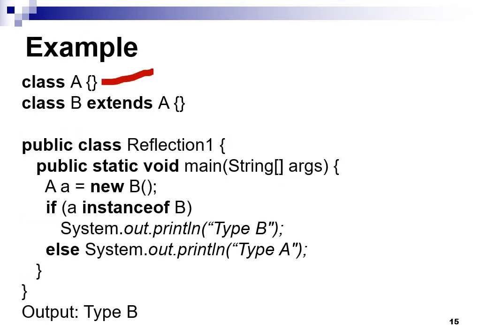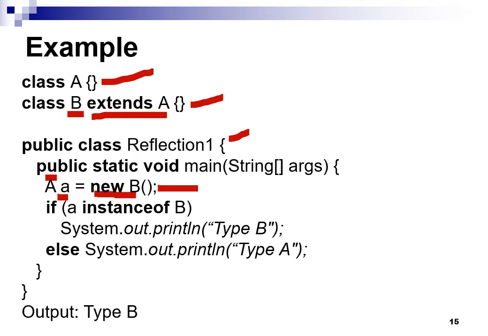So we have a class A, then a subclass B that extends A, and then we have another class, Reflection. Then we create an object a whose type is B, but the declared type is A. That's fine because B extends A, so this is compatible. We don't need a cast here, as you all know.